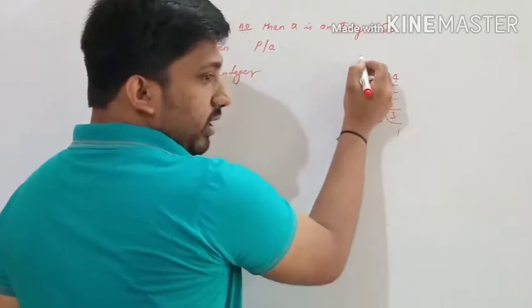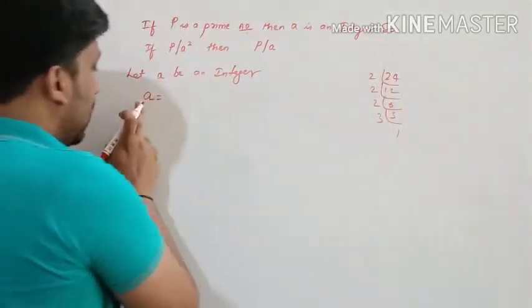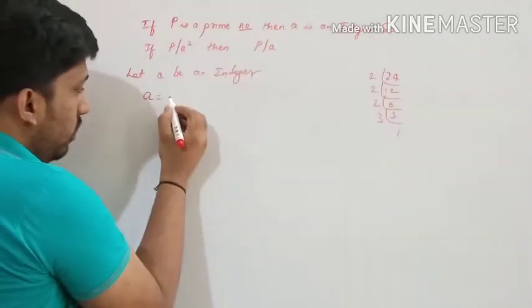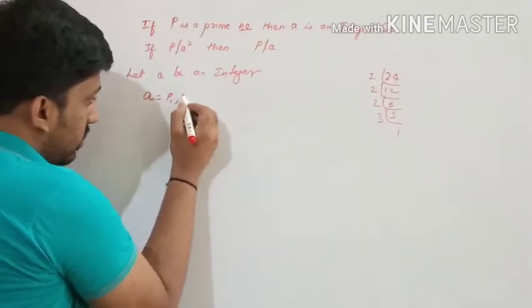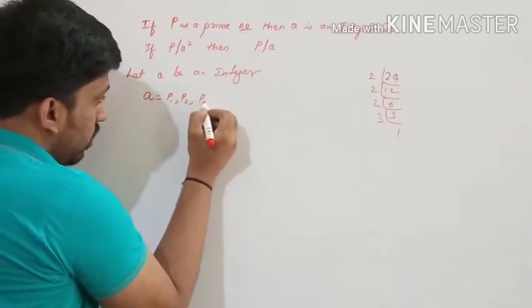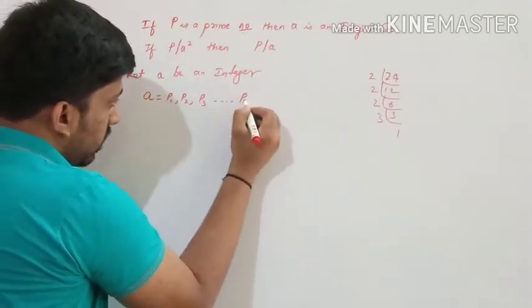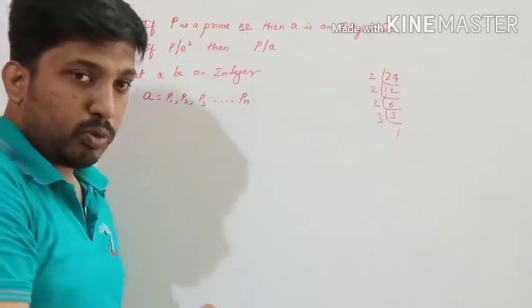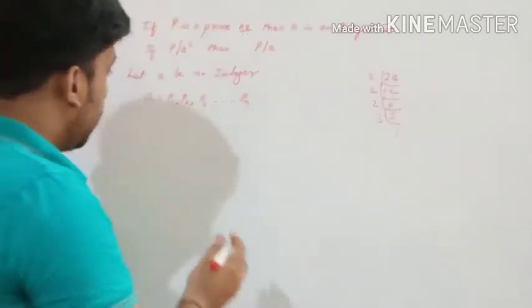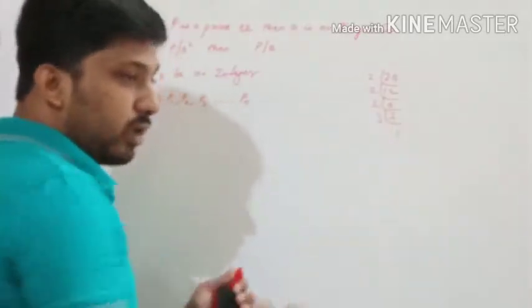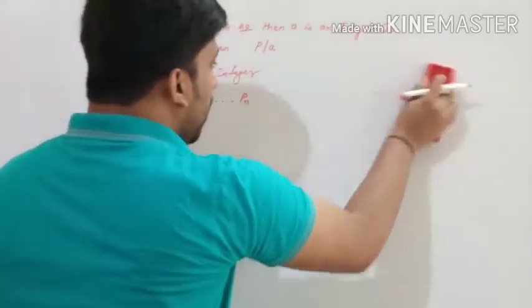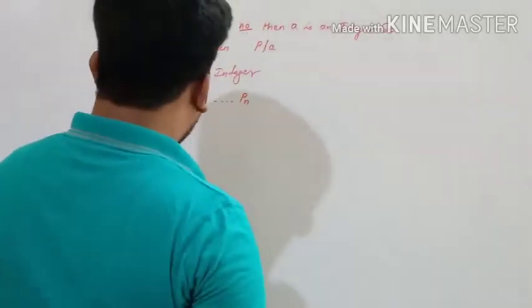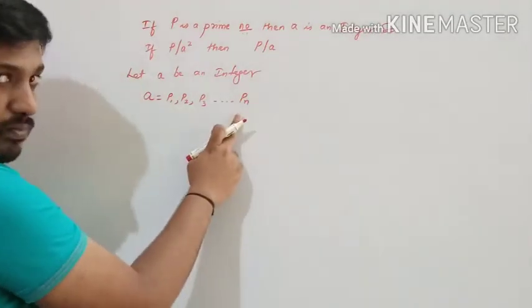So these are the prime factors. Similarly, if we consider a as some integer, we'll get prime factors like this: p1, p2, p3 and so on to pn. I hope you are following and understanding. Likewise, any number we factorize gives prime factors. So we have a equal to p1, p2, p3 and so on to pn.